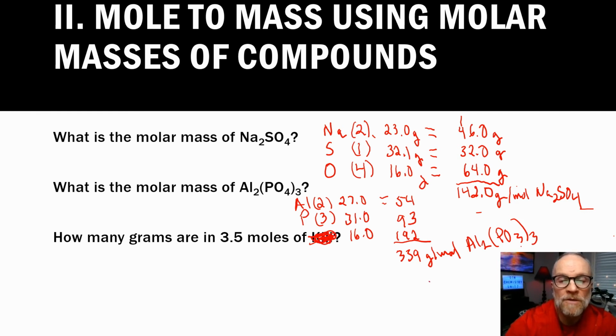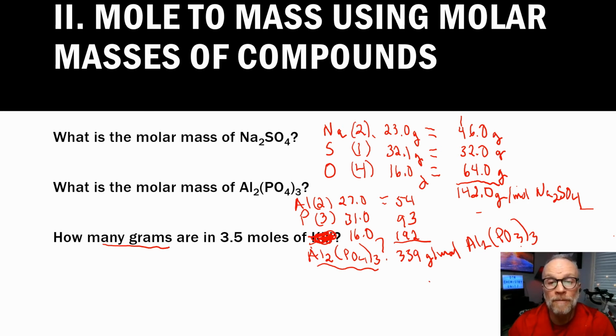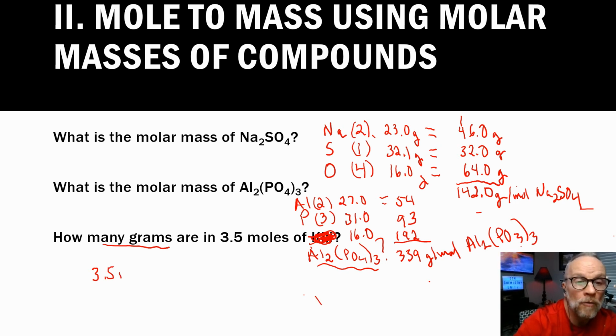3.5 moles of Al2(PO4)3. That will be a way cool problem. Okay. So our final answer will be in grams of Al2(PO4)3, or aluminum phosphate, right? And we'll start off with 3.5 moles of that.